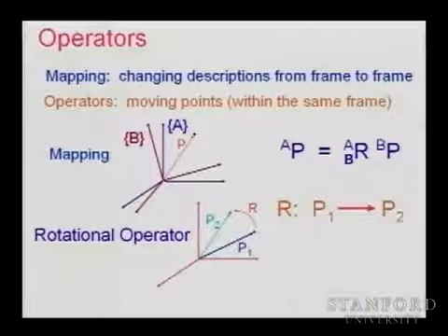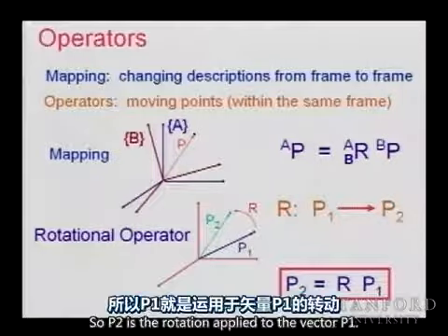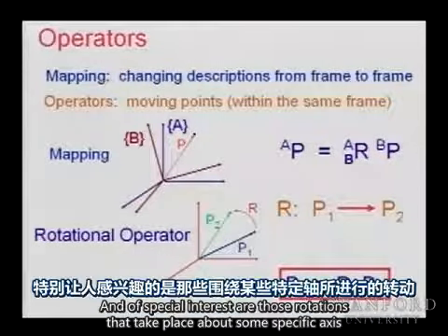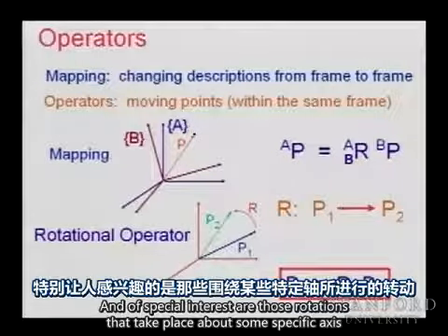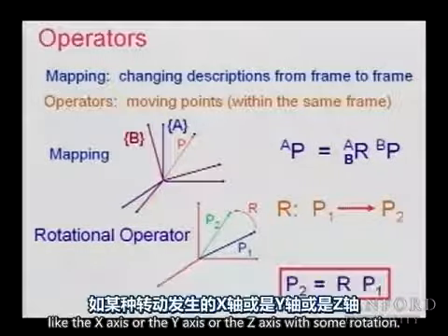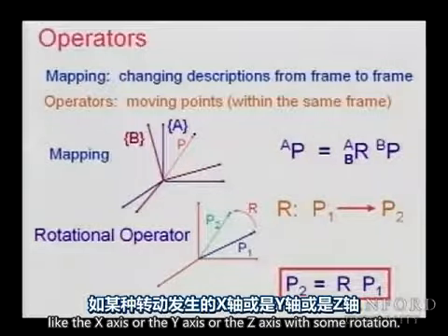Okay? So P2 is the rotation applied to the vector P1. And of special interest are those rotations that take place about some specific axis, like the x-axis or the y-axis or the z-axis with some rotation.